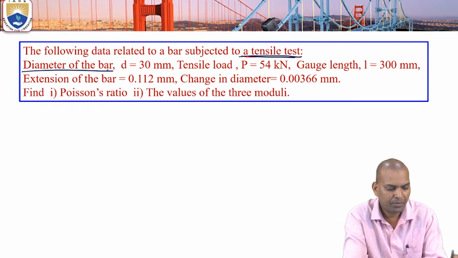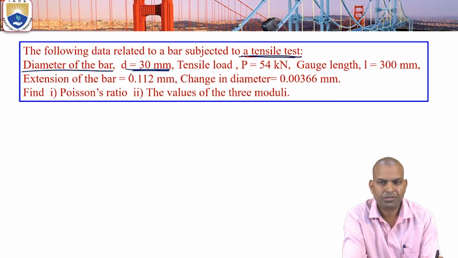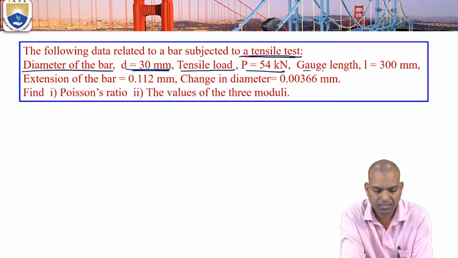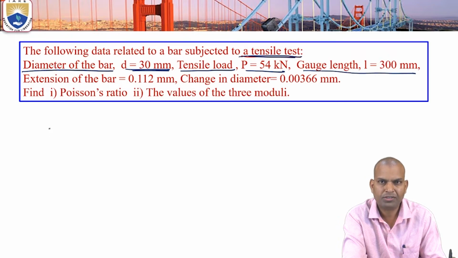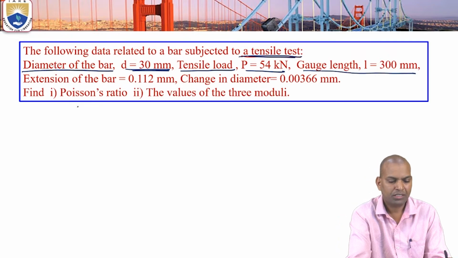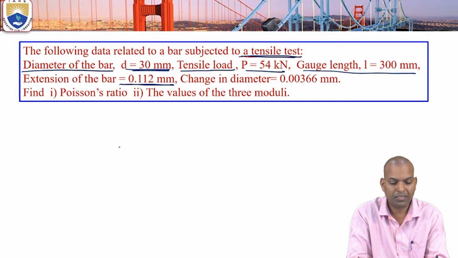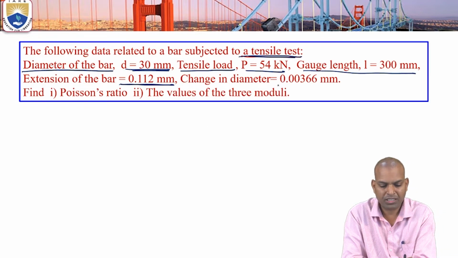The diameter of the bar is 30 millimeters, the tensile load applied is 54 kilonewtons, the gauge length L equal to 300 millimeters, and the extension of the bar, that is delta L, is 0.112 millimeters.